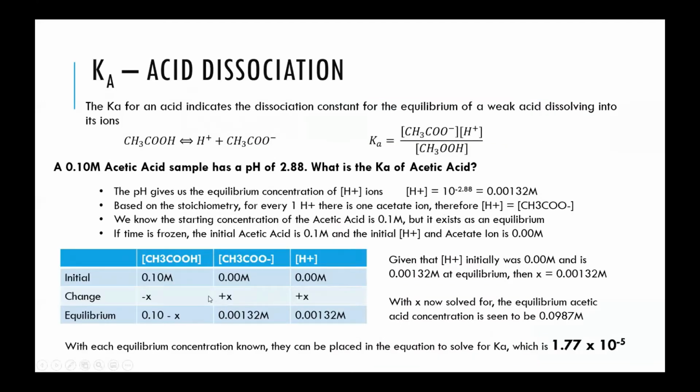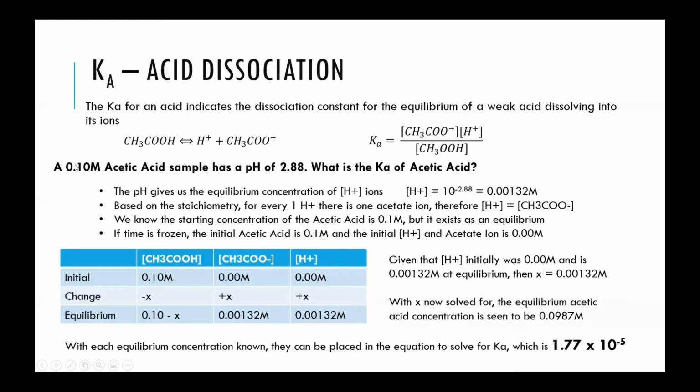So when you're trying to determine the Ka, or the equilibrium acid dissociation constant, from a sample, you need two values. You need to know the starting concentration and the pH. The pH value is a direct measurement, and this value is measuring the solution or the system at equilibrium.